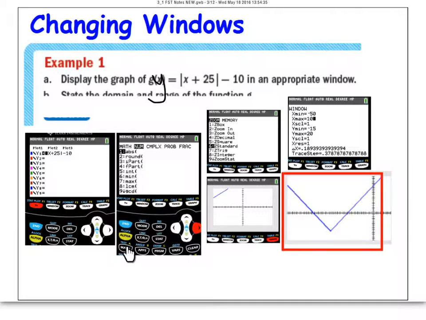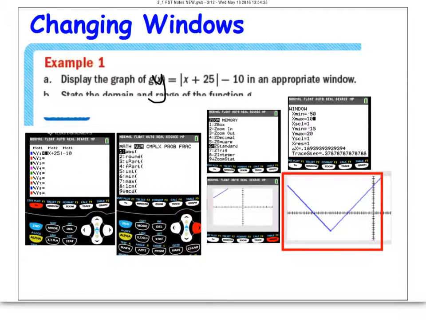So select math, and it's going to default you to this part. Use your right arrow and go over to the word num. This right here, ABS, is absolute value. So scroll down to 1 and hit enter, and it will populate your absolute value, either symbols or the word ABS in there. Inside the brackets, type x plus 5, arrow out to the right, and then do minus 10.